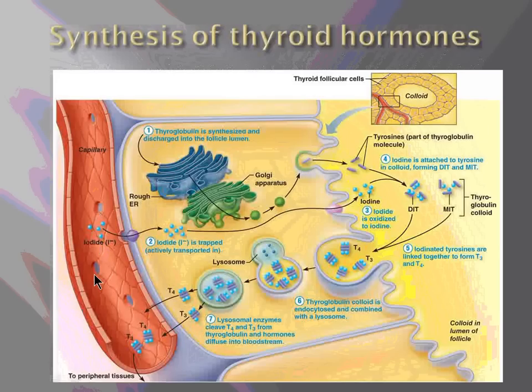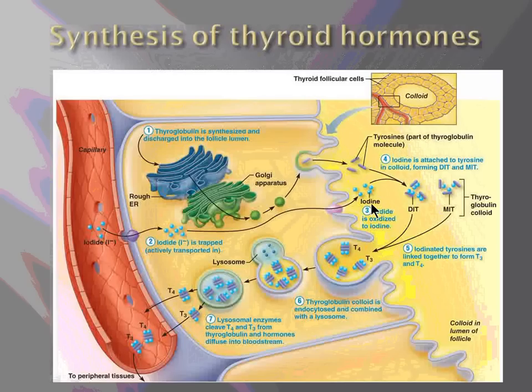Meanwhile, in the blood is iodide, which you have taken in iodized salt and so on, and that iodide is actively trapped by these cells and then gets converted into iodine. It's oxidized and pushed into the lumen, where the thyroglobulin is present, and the thyroglobulin has an amino acid inside called tyrosine.